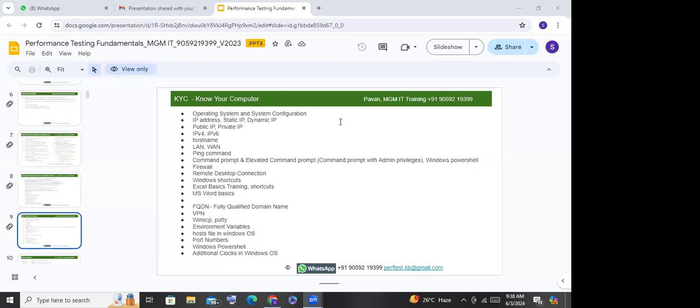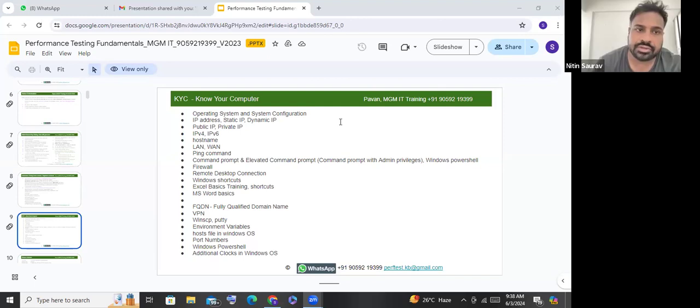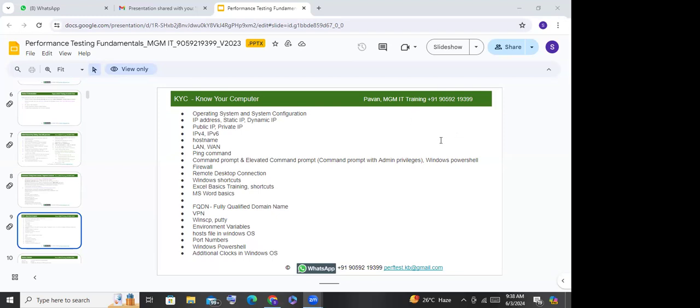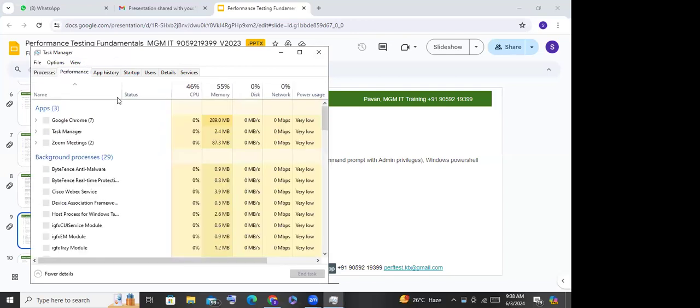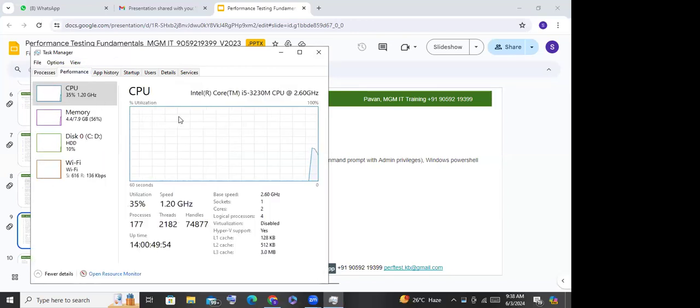Yes, guys? We can delete temporary files which are available in temp. Yeah, we might delete temporary files. The first thing that most of us would do is go into the task manager. We would go into the performance tab, and we would try to see if the CPU utilization or the memory utilization is too high, too low, or whatever, right?